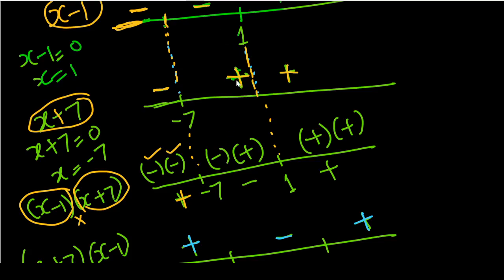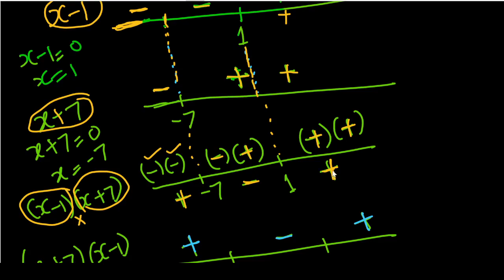Similarly here it was minus, here it was plus, so minus into plus gave minus. Here it was plus, above also plus, so plus into plus gave plus.